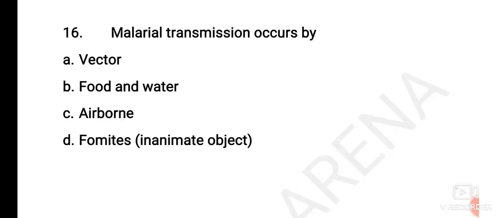Vector is a source which transmits infection from one thing to another. We can find that malaria, which is caused by a mosquito, that is female Anopheles, works as a vector to transmit infection from one person to another person. Next question.